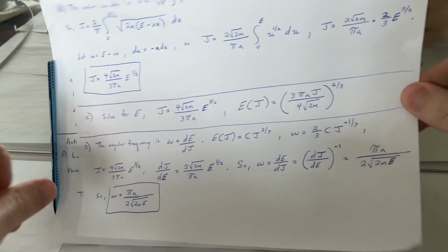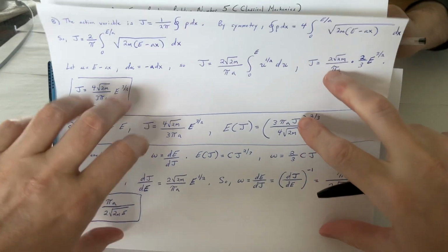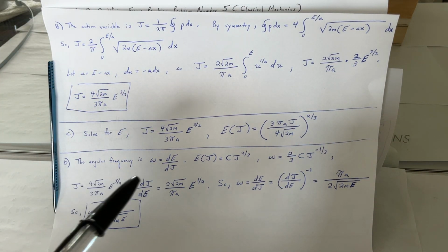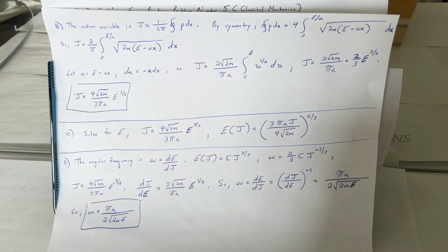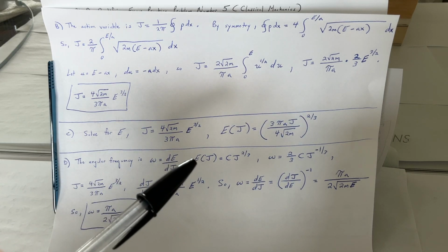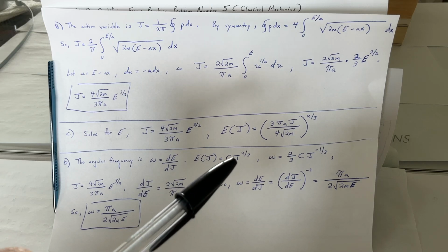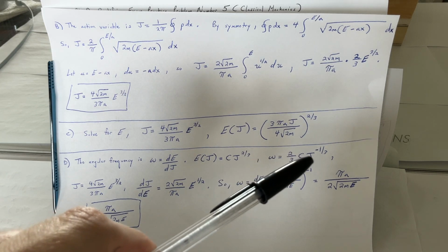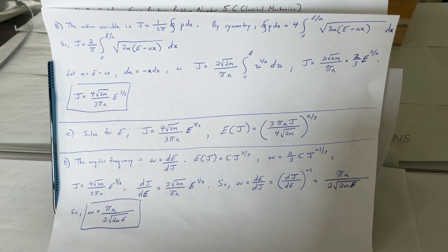And there are two ways we'll show of doing this. For the first way, the angular frequency is omega equals the derivative of E with respect to J. E of J equals c J to the 2/3, so omega is 2/3 c J to the negative 1/3.